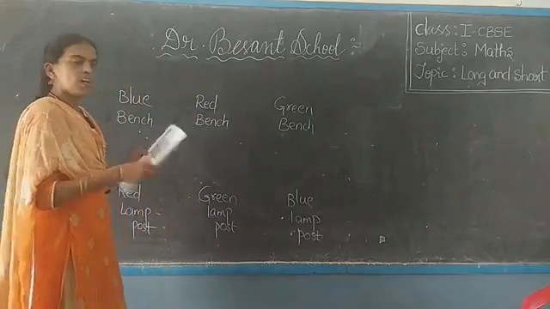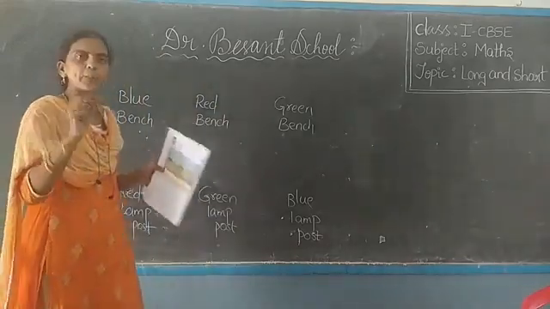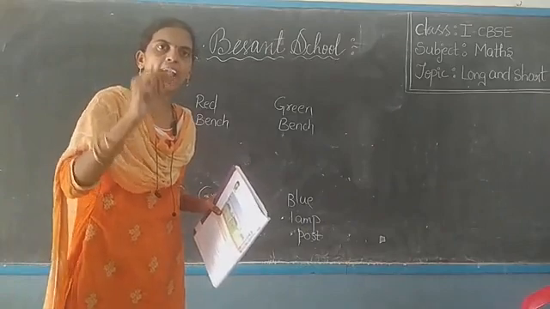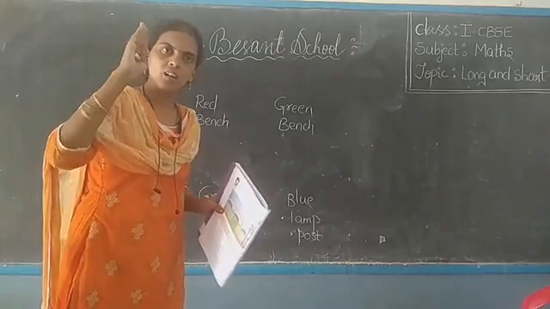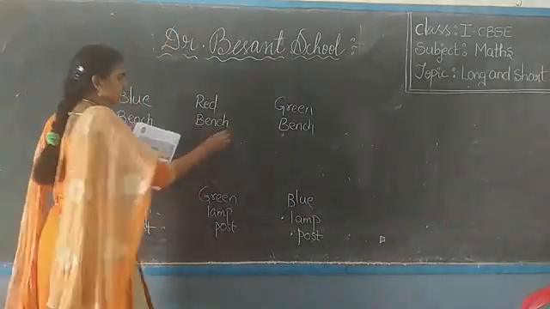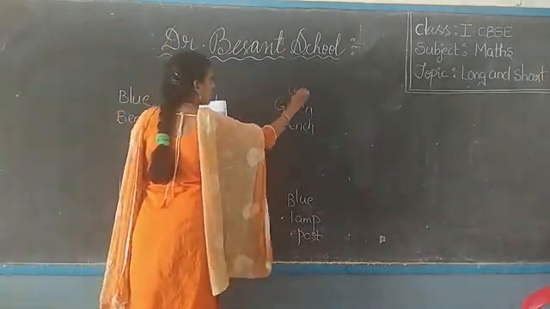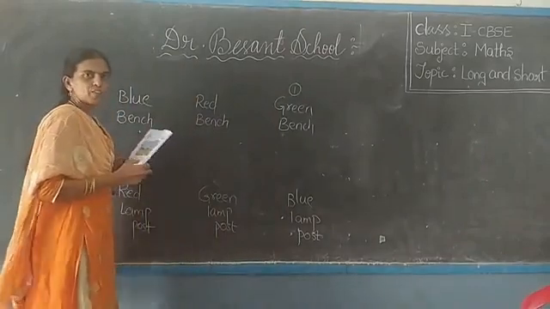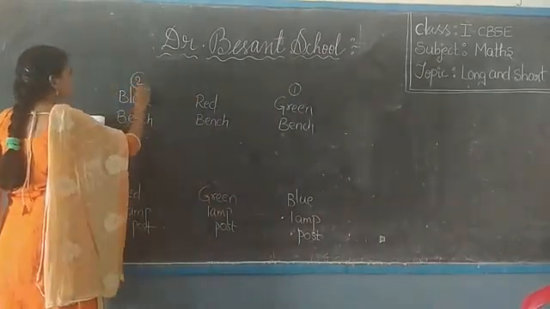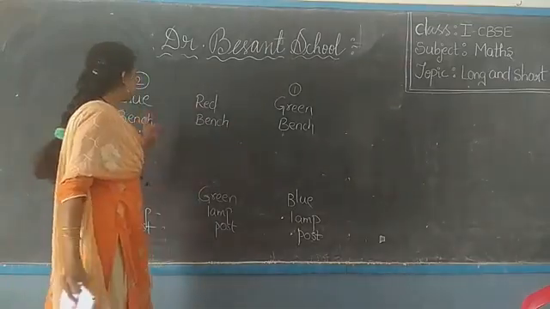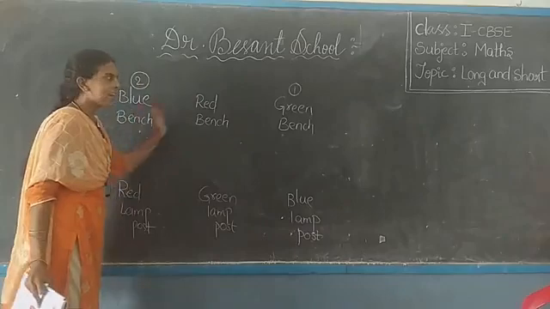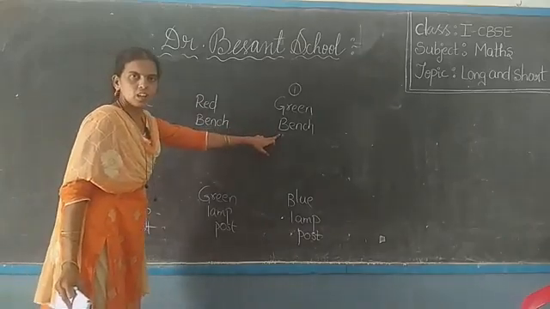Let us give the numbering for them: 1 for the shortest and 3 for the longest. First for the green, because this is the shortest, that is why I am giving 1 for that. And the second one is blue, because this blue bench is longer than this green bench.